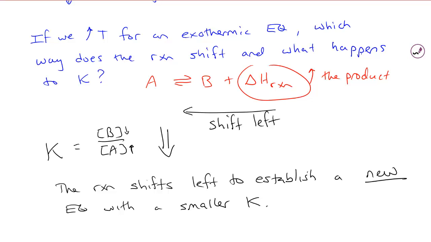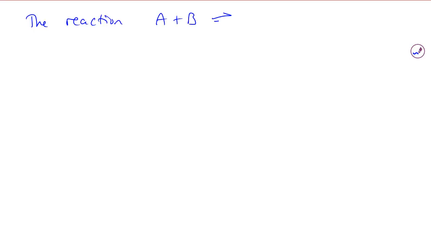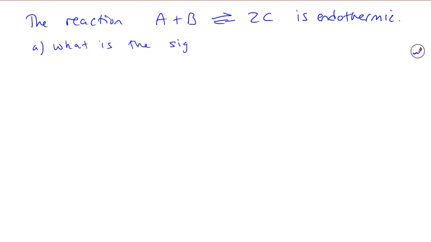Okay, let's look at one other example and see if that helps you out. The reaction A plus B in equilibrium with 2C is endothermic. A, what is the sign of delta H reaction?